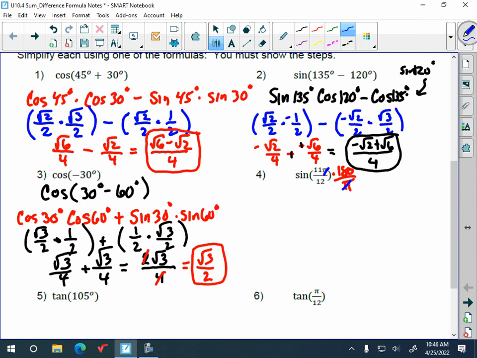All right, so we do 11 times 180 divided by 12. That's 165 degrees. All right, so now we want to break up 165 degrees into two angles that add or subtract to the 165, and they have to be on the unit circle.